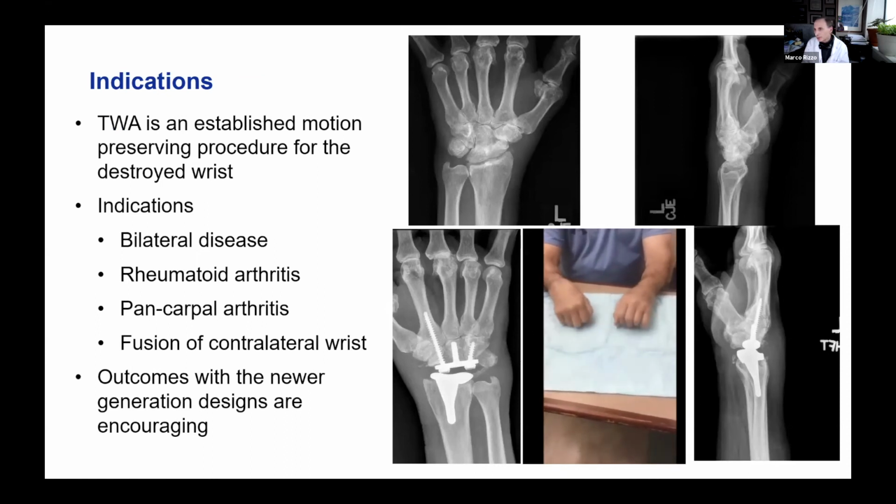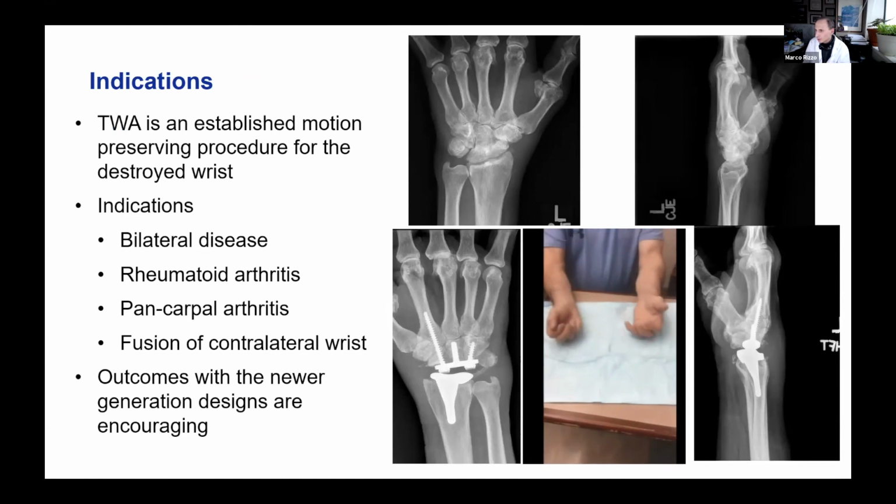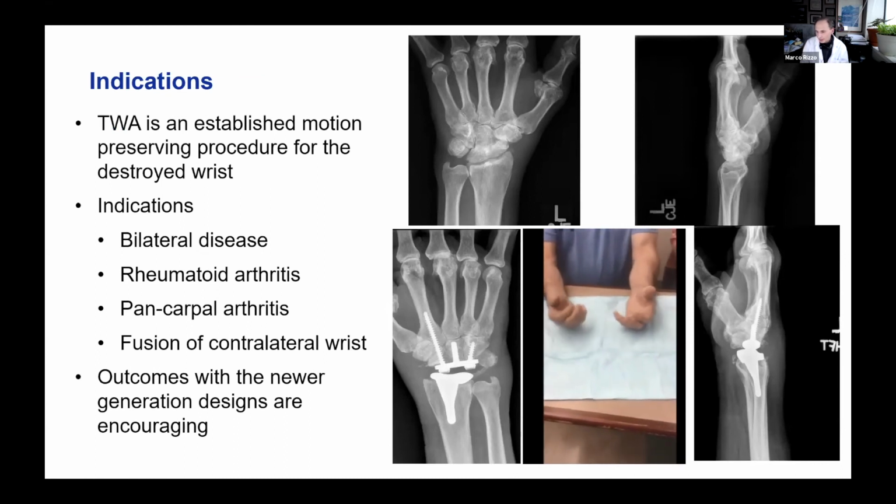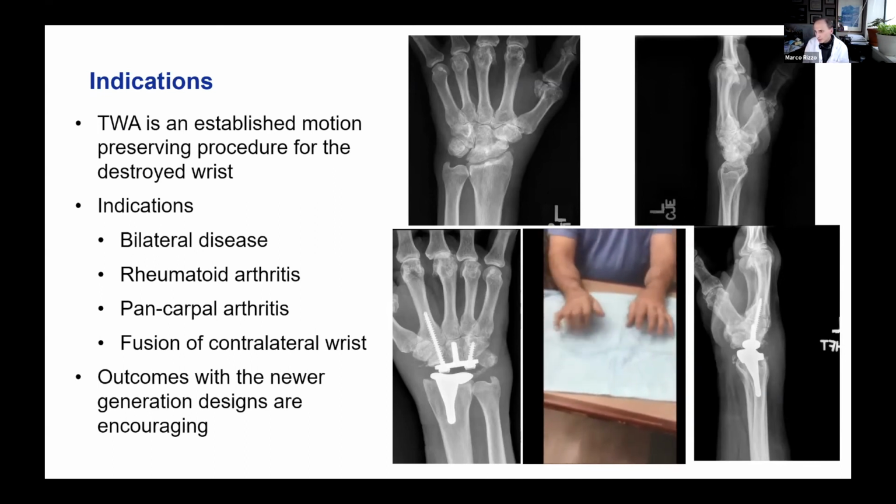Dr. Gupta spoke briefly about indications. He described the indications: bilateral disease, rheumatoid patients, pan-carpal arthritis, patients really desiring a motion-preserving option. Folks with fusions of the contralateral wrist fit into that category.